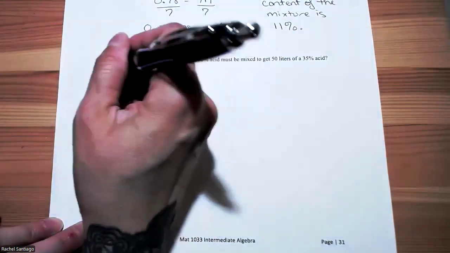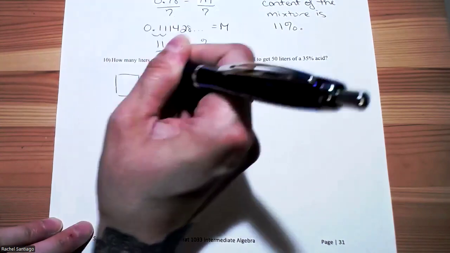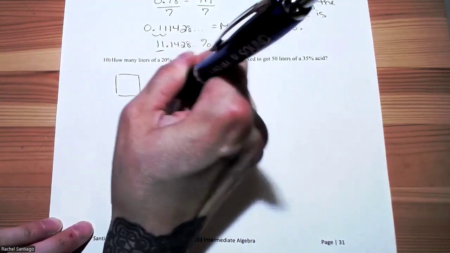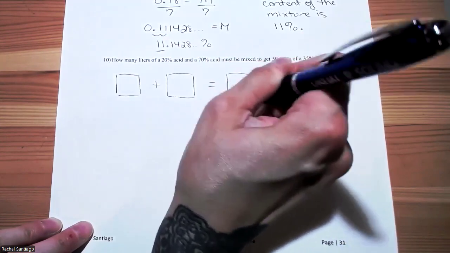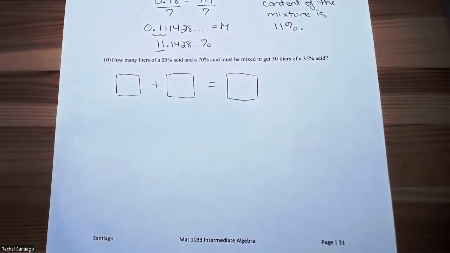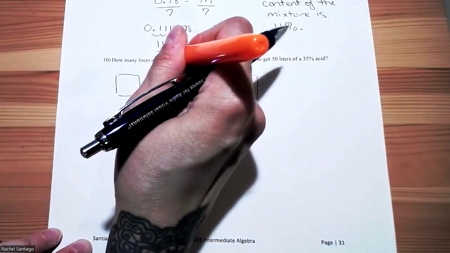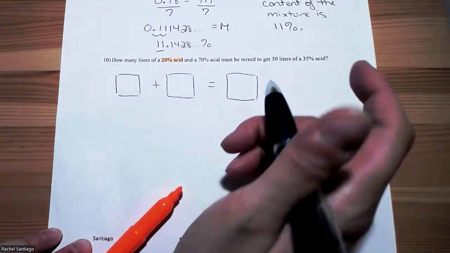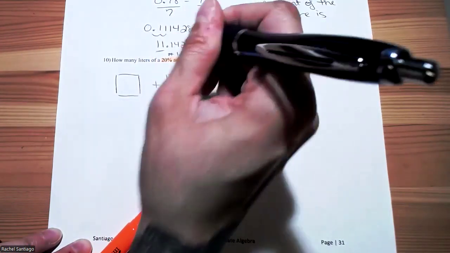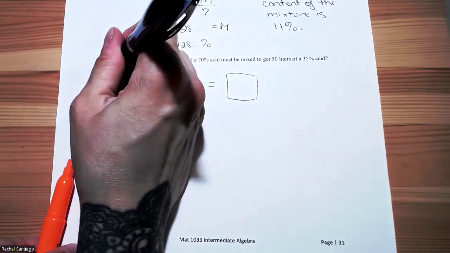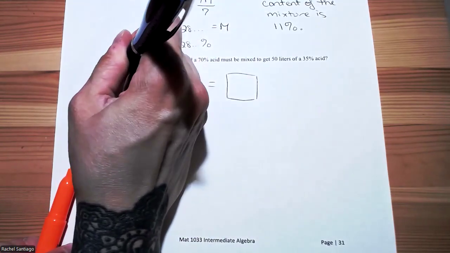All right, let's set up our boxes. It doesn't matter what we call these. I might actually consider this 20% acid as my acid number 1, so I can call it acid number 1 here. That may be helpful.